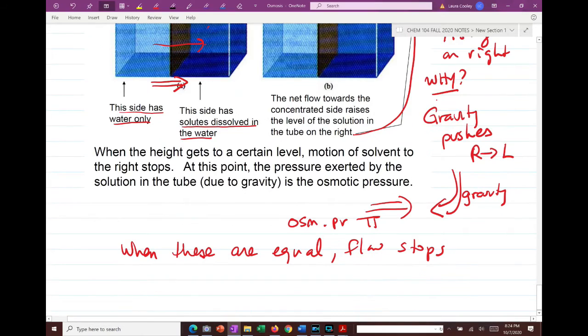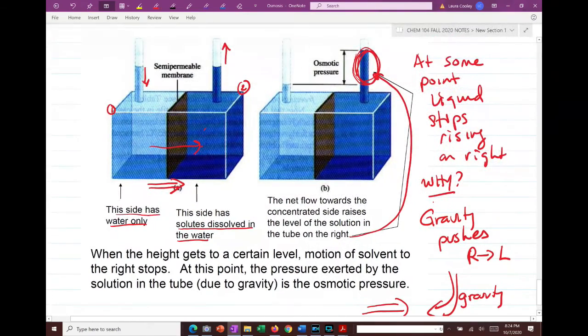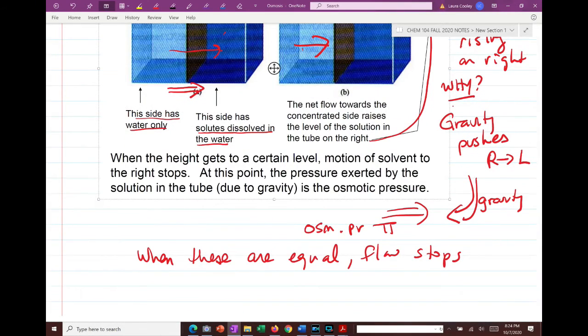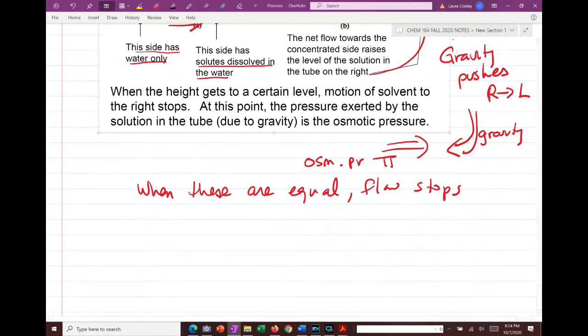So at precisely the point where the force exerted by this column of water going down equals the force from the osmotic pressure, when those two are equal, the flow stops, and the osmotic pressure is the pressure that gravity is pushing at that point.